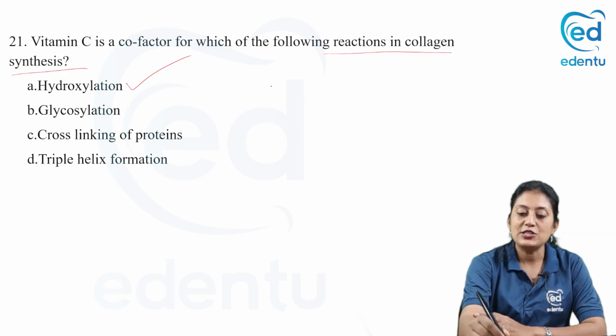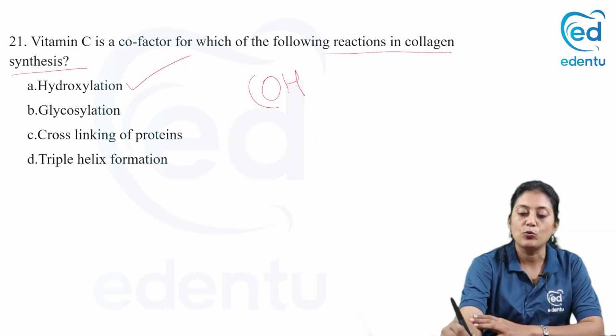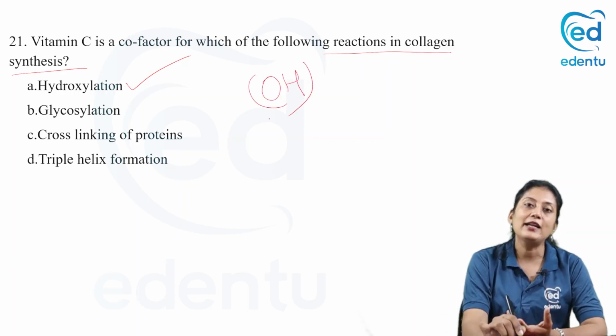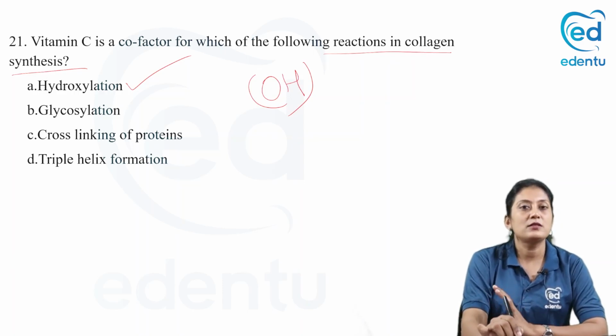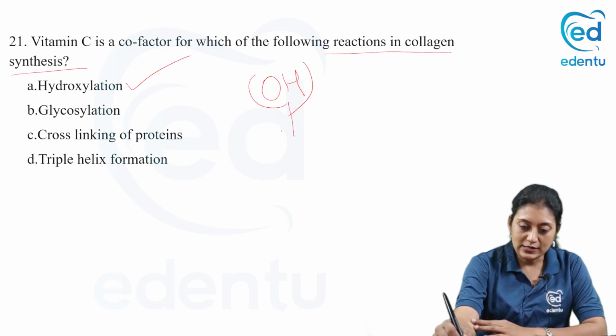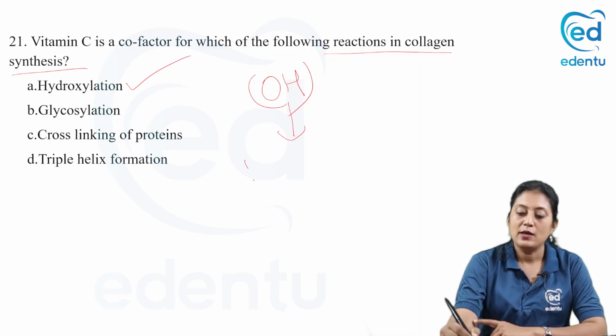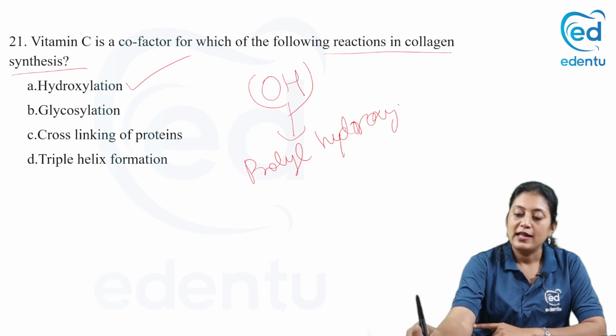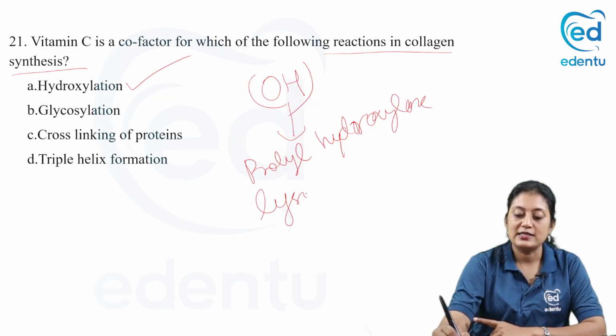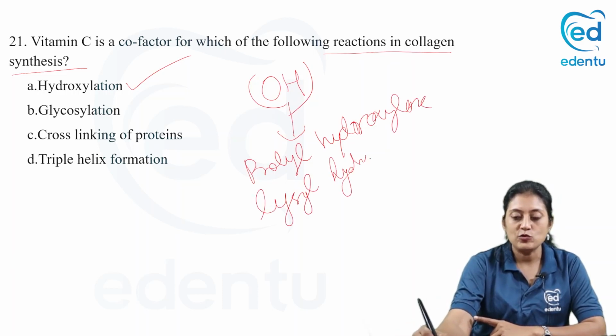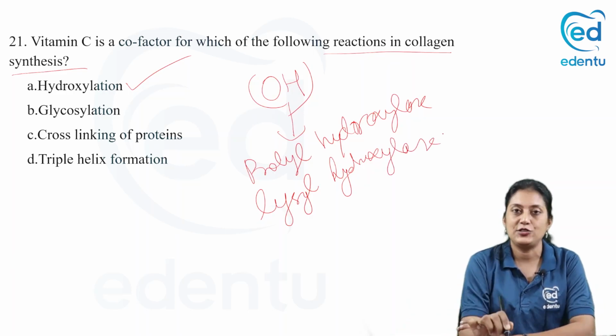So, hydroxylation is the mechanism where OH group, hydroxyl group, is added to the amino acids. That process is called hydroxylation. For this, you need enzymes, prolyl hydroxylase, lysyl hydroxylase. These are the two enzymes which are needed for hydroxylation reaction.